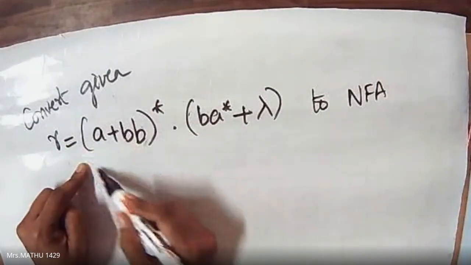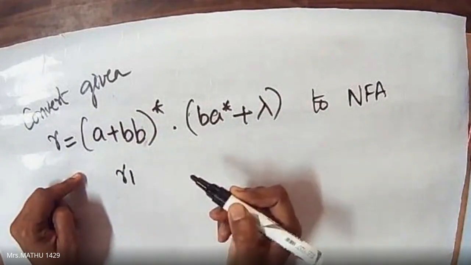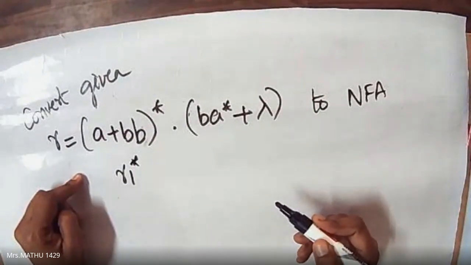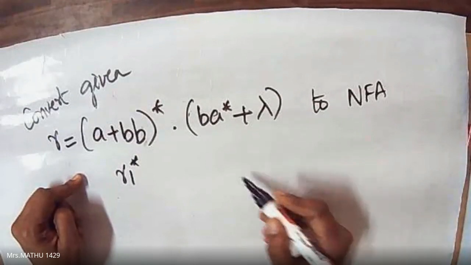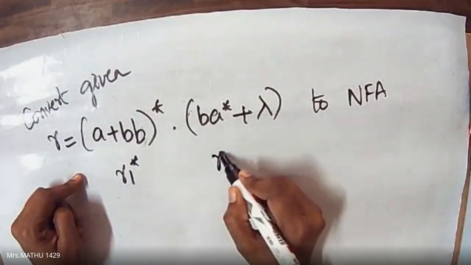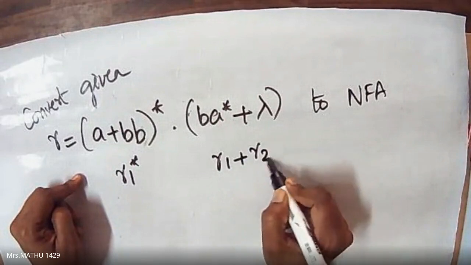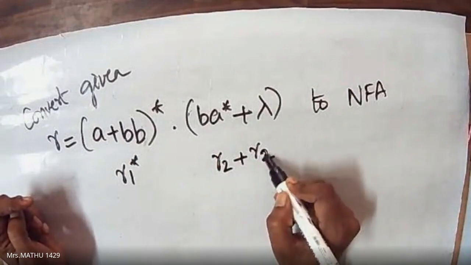You can take this as a regular expression separately, R1 the whole star. Just now we have seen how to draw an NFA for R1 star, and here we can call it R2 plus R3.